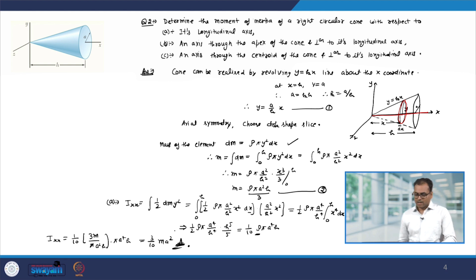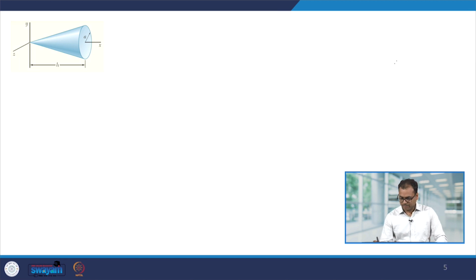Okay. Now, let us find out the moment of inertia about the y axis. Okay. So, let me make this figure again. We have the x axis, the y axis and the z axis.